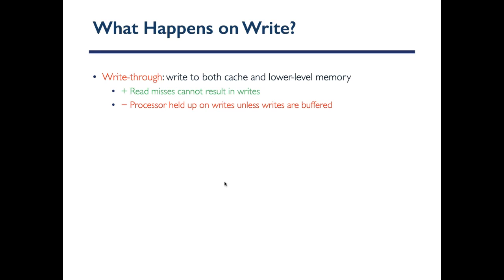So what are the good things about this? The good thing about this is that if later on you want to evict this cache block, you don't need to write it back because you've already done that. Bad thing about this is that it could hold the processor hostage while this write is happening.